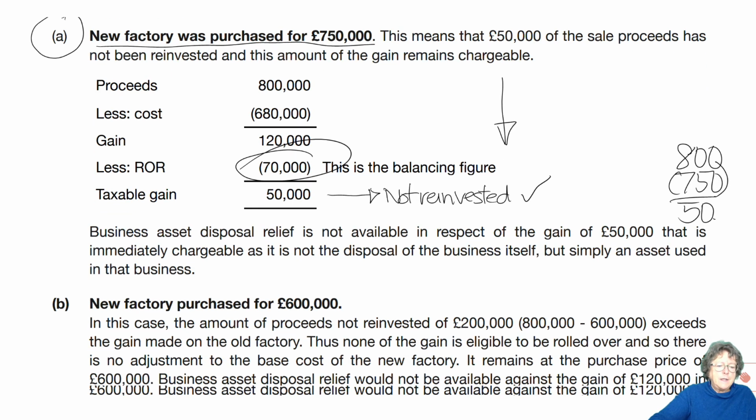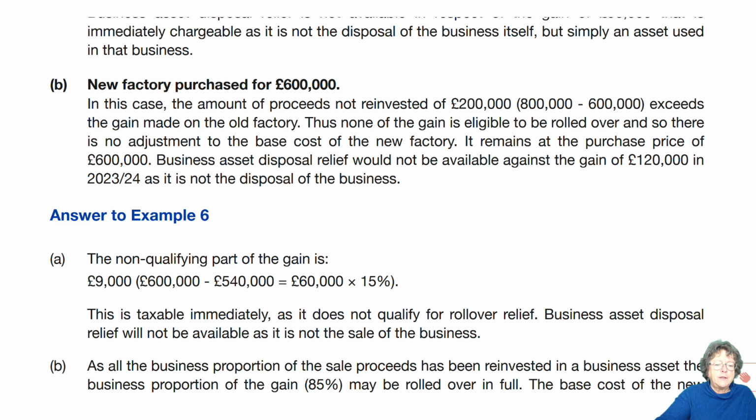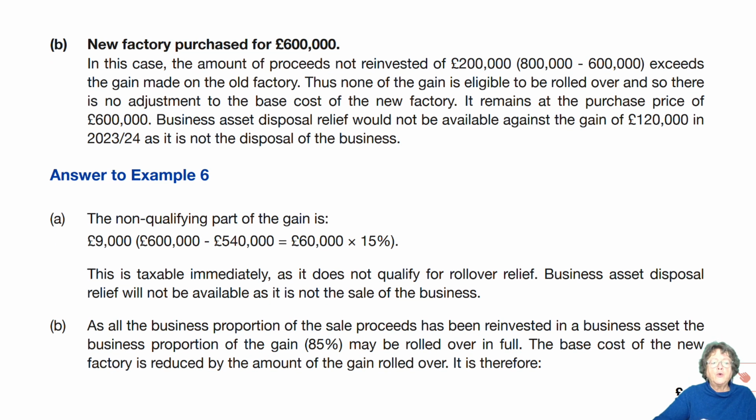Now, this is the other alternative. So this model answer here gives you both alternatives, which helps you to see how that works in both cases. So we've bought the factory but only spent 600,000. We have kept 200,000.